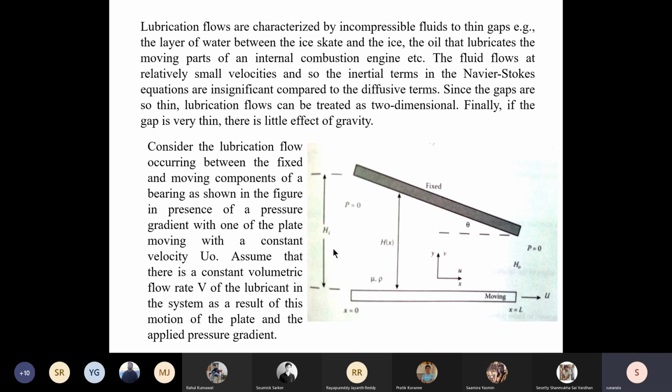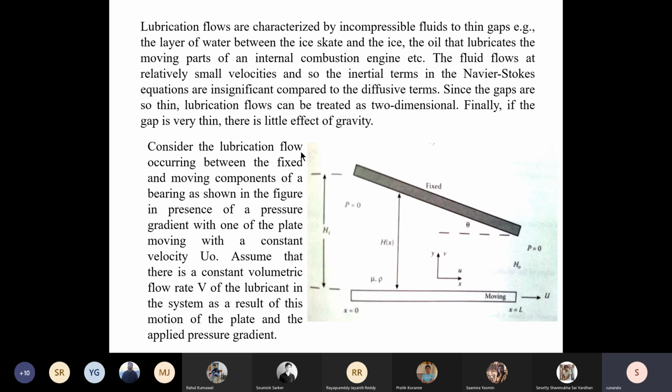The gap between the two at x equals 0 is provided as H_L, and the distance between the two at x equals L is also provided, and the density rho and the viscosity are constant. So H, the separation between the two plates, is a function of x.